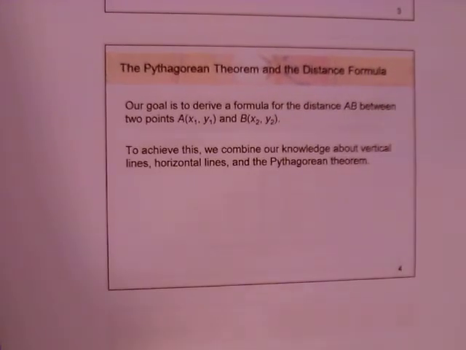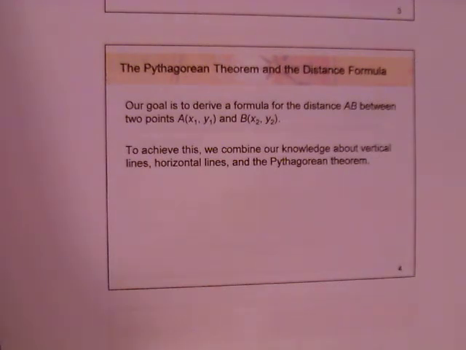Here, our objective is to derive a formula for the distance AB between 2 points, where A is (x1, y1) and B is (x2, y2). To achieve this, we're going to combine our knowledge about vertical lines, horizontal lines, and the Pythagorean Theorem.